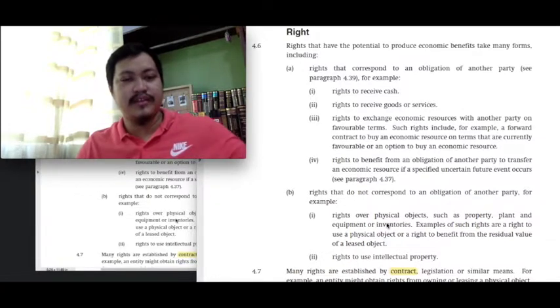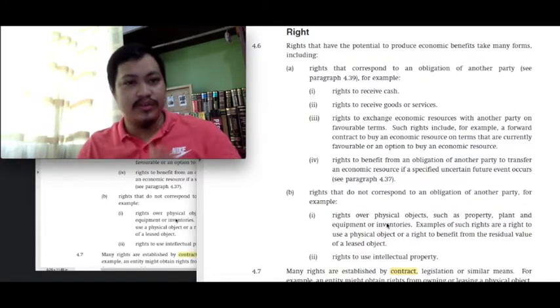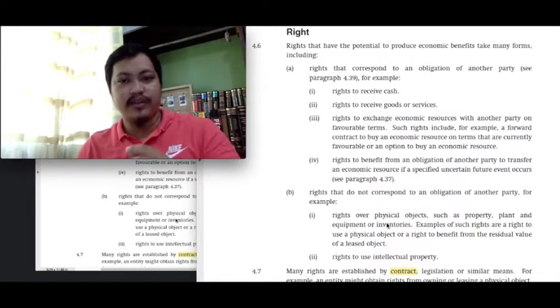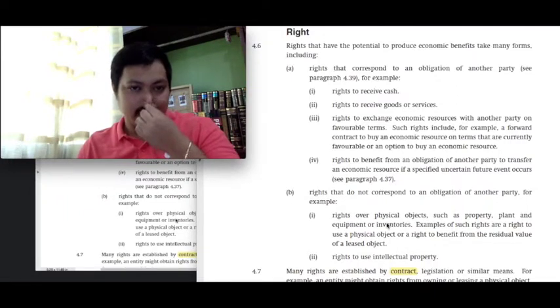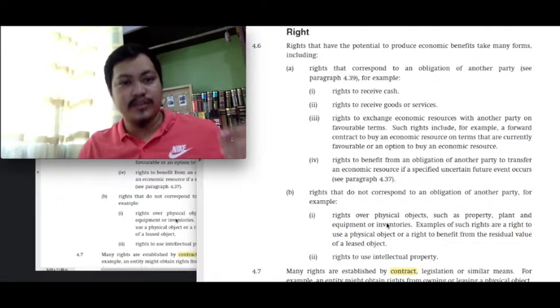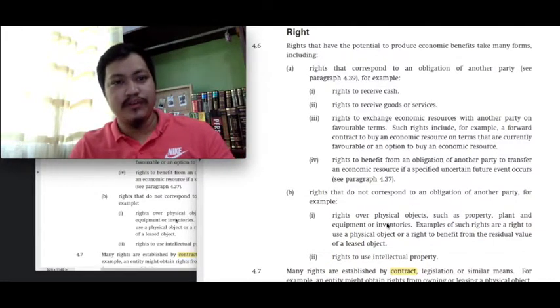So going back to the example, what was the agreement for your supplier to deliver to you? The goods. At this point, where the goods were not yet delivered to you, can you already treat the goods as your asset? The answer is no, because you do not have control over the goods yet. Why do you not have any control? Because they were not yet delivered to you.